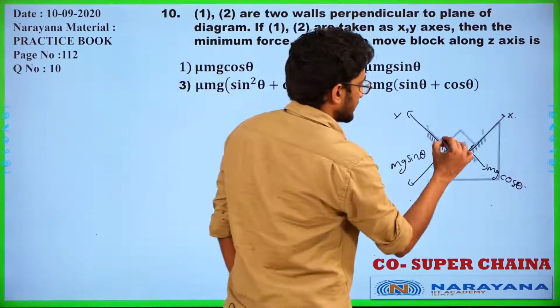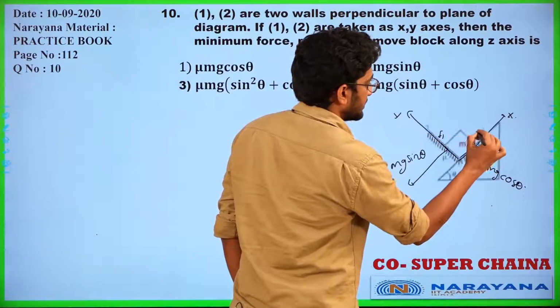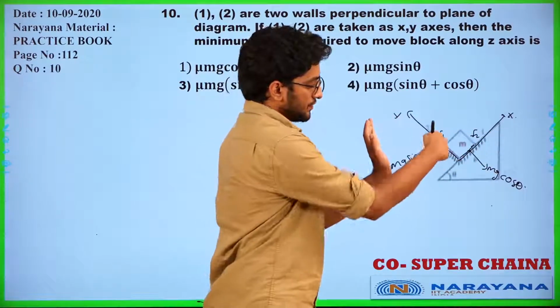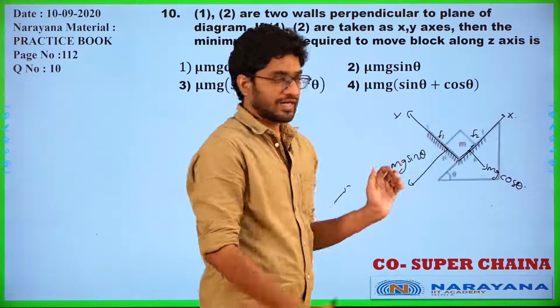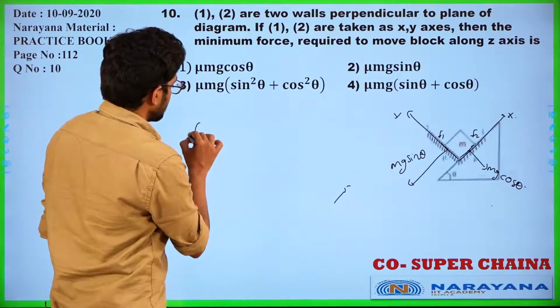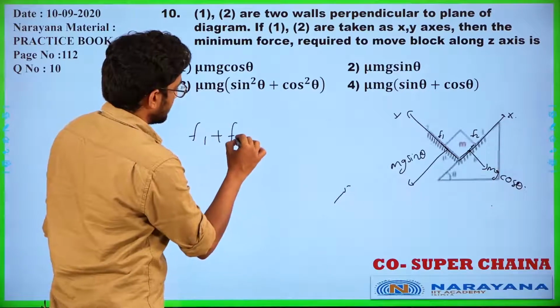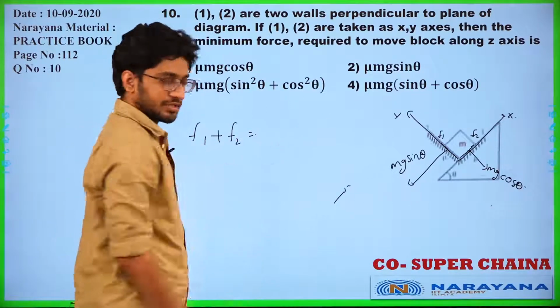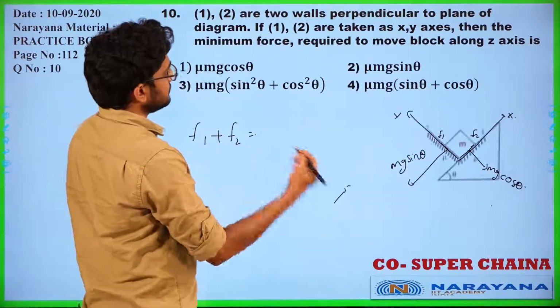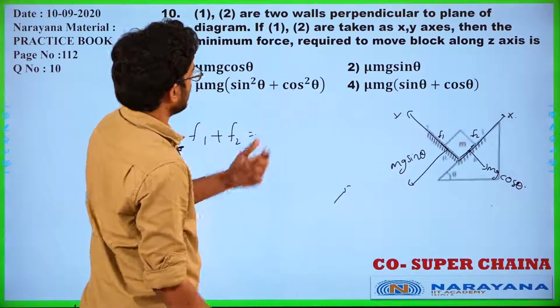So let's say friction acting here is F1 and friction acting at this surface is F2. You are trying to take it out along the z axis, so friction acts in the opposite direction, along minus z axis, at both surfaces. So total friction acting is F1 plus F2 because both are acting opposite to the motion. Right. So friction F1 is mu into N. Mu at both the surfaces must be the same.